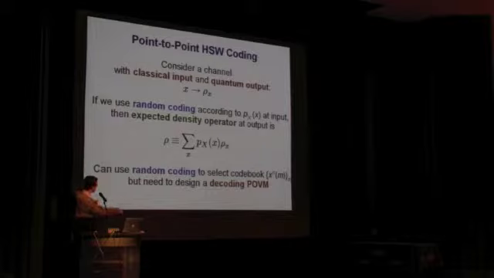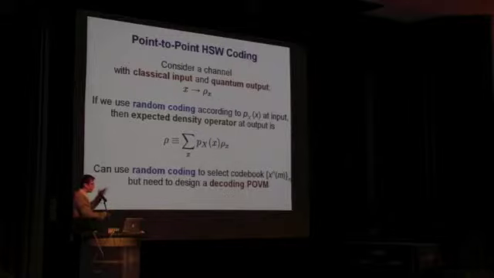This creates a codebook that corresponds to each message that the sender would like to transmit. What's also important for the error analysis is to consider the average density operator that the receiver has if he doesn't know the particular letter that's being transmitted. So this density operator is important as well.